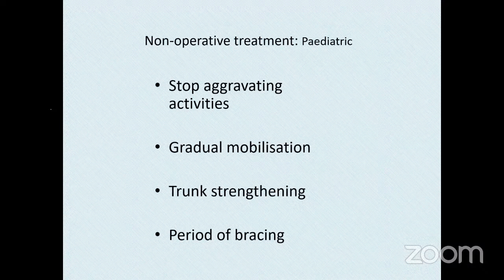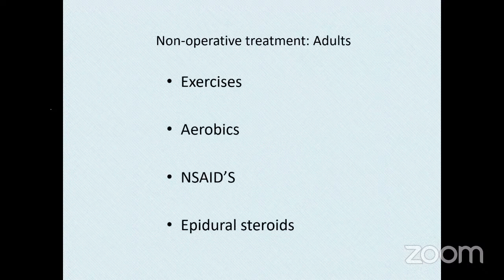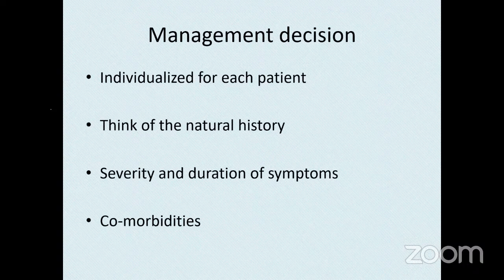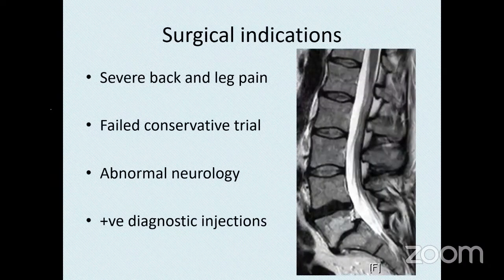For this, we should stop the aggravating factors, try to strengthen the back muscles, and for a period of time, when the patient is in pain, bracing is advised. Steroid injections or other management may also be needed. But as is true with everything else, we need a tailor-made approach for each and every condition.